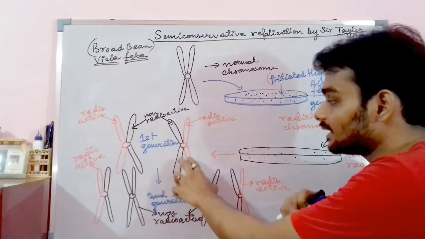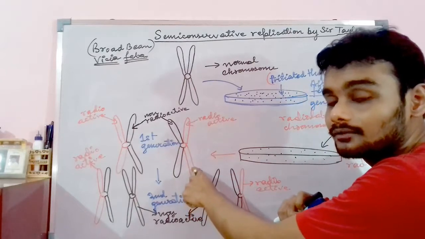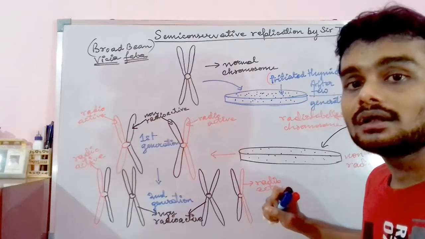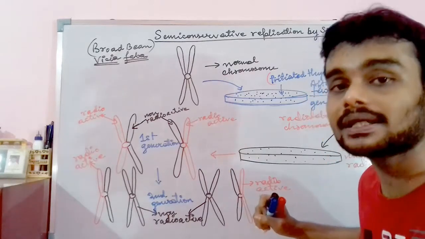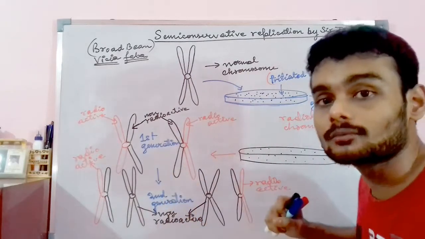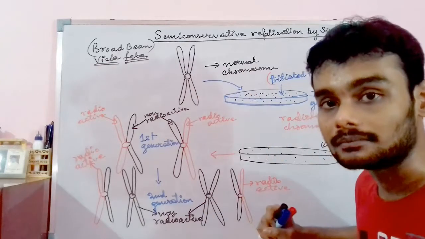Now in this parent chromosome, this particular half of the chromosome will replicate or give rise to a fresh new strand, a new chromosome arm, and this parent arm of the parent chromosome will also give rise to a new chromosome arm.